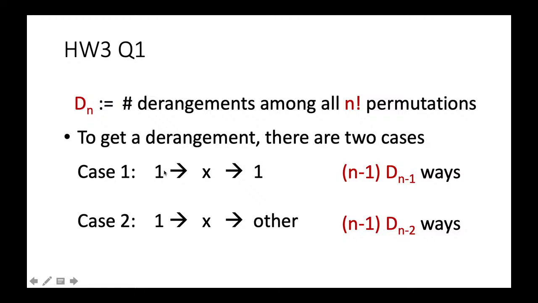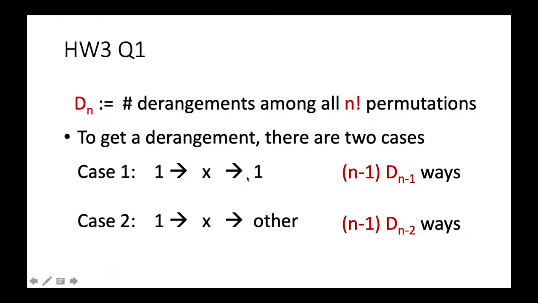Case 1: because we want to have a derangement, 1 is going to be mapped to some position. Let's say 1 is not going to stay at location 1, but it is going to stay at some other location, let's say x. But then the number x itself, in case 1, goes back to 1. So x and 1, these 2 numbers are swapping positions.